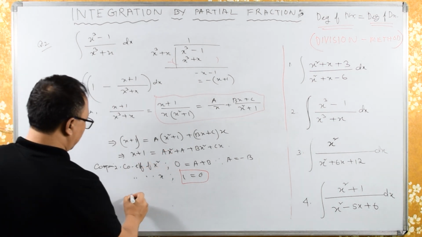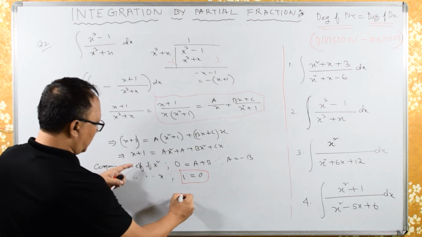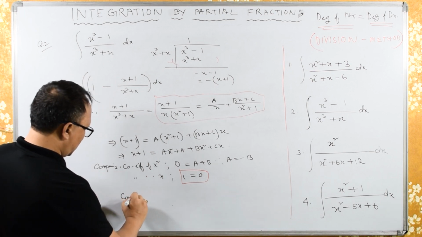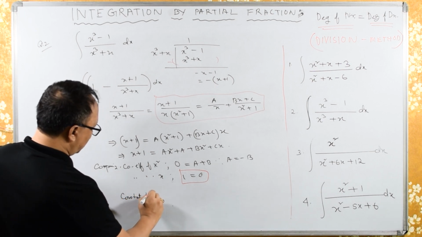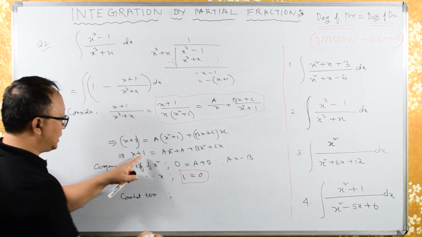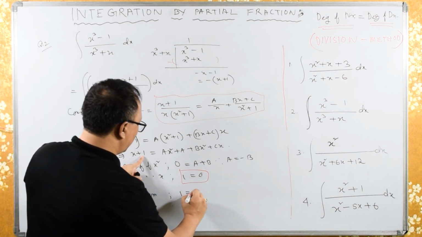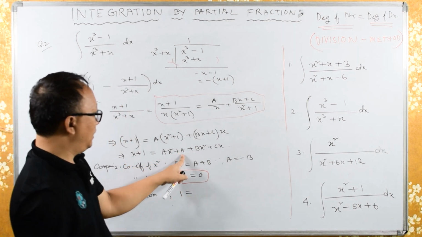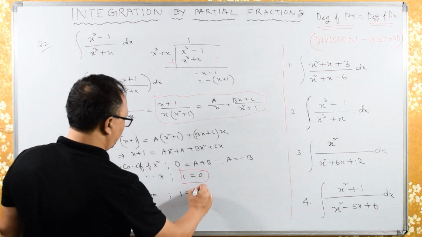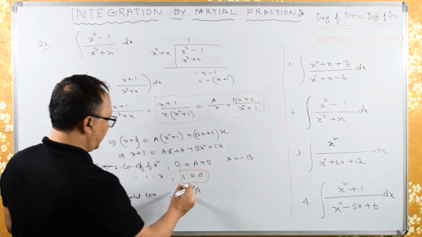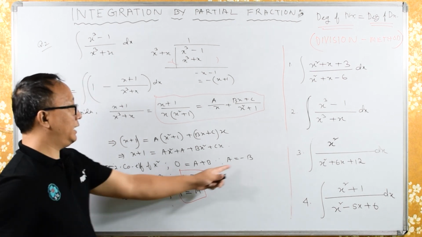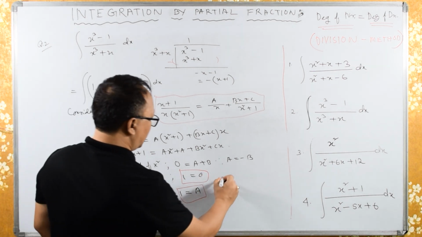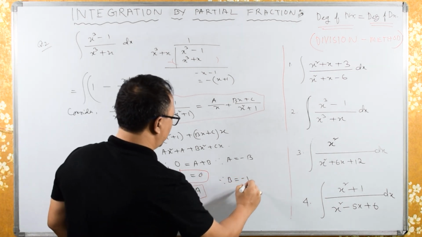And then the constant term: on the left hand side we have 1 equals A, so A equals 1. Since A equals minus B, therefore B will be minus 1.